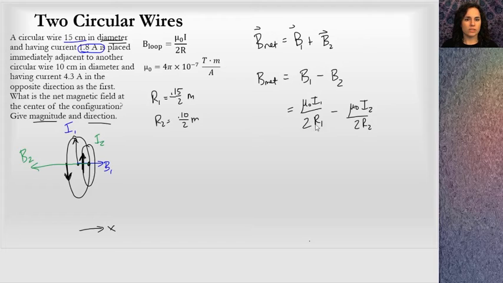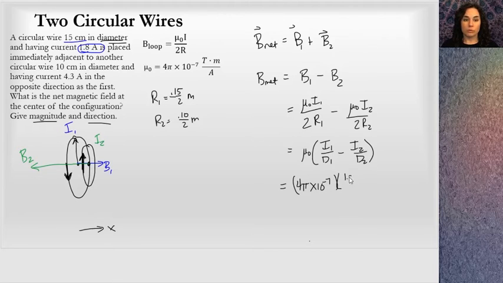I'm going to leave these together. This would be diameter 1 and this would be diameter 2. So I can factor the mu naught out. I get mu naught times I1 over diameter 1 minus I2 over diameter 2, quantity. And so let's multiply this out. I get 4 pi times 10 to the negative 7th. That's mu naught.